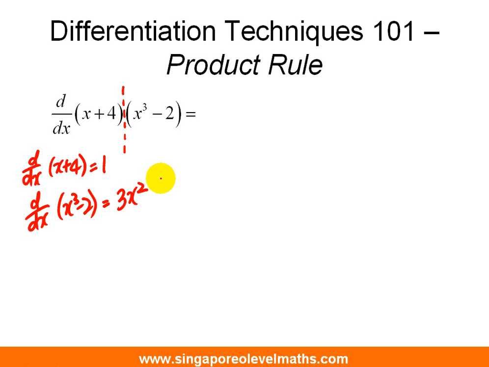So how do we carry on from here? Product rule says you differentiate the first part and you copy the second part. So I just copy x cubed minus 2, plus, right now you differentiate the second part. I have 3x squared, and you copy the first part.